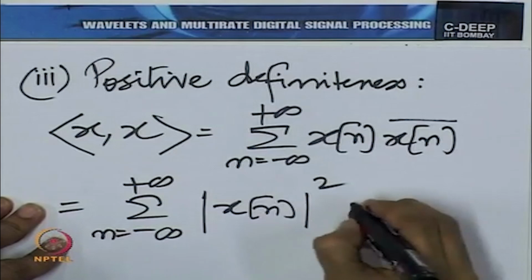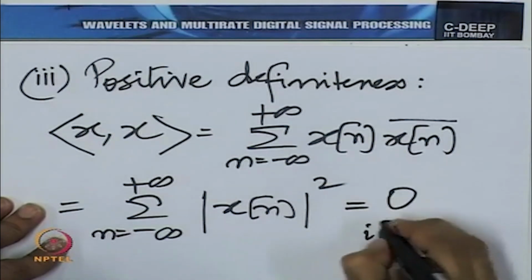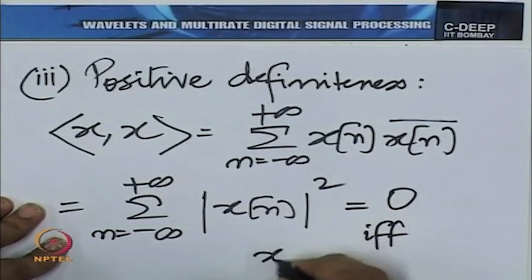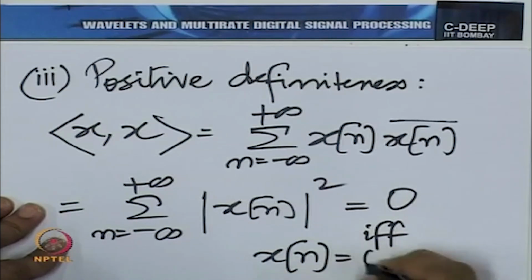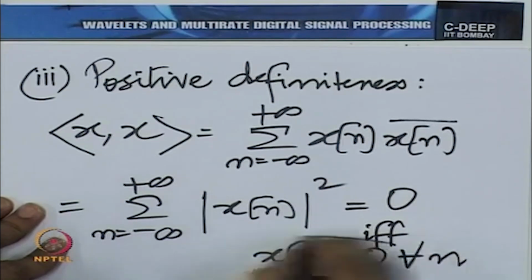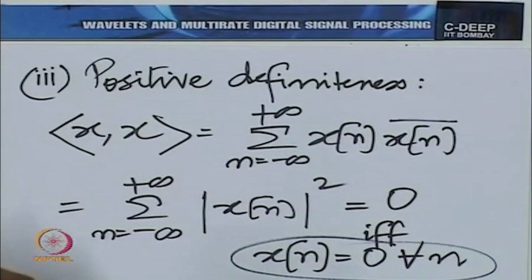And it is very easy to see that this is equal to 0 if and only if x[n] equal to 0 for all n. Even if one of the coordinates is non-zero, that particular mod x[n] squared is going to be non-zero and it is going to contribute a positive term. And of course, it is very easy to see that each term for every n is strictly positive if x[n] is non-zero.